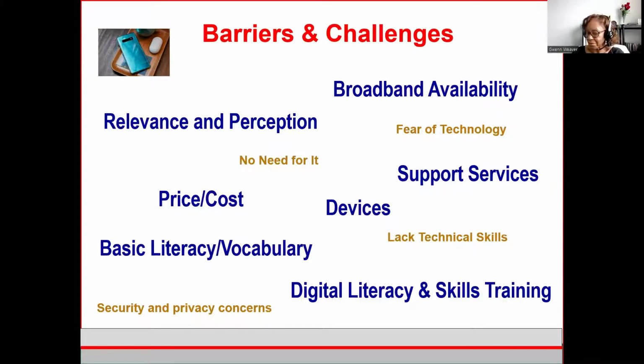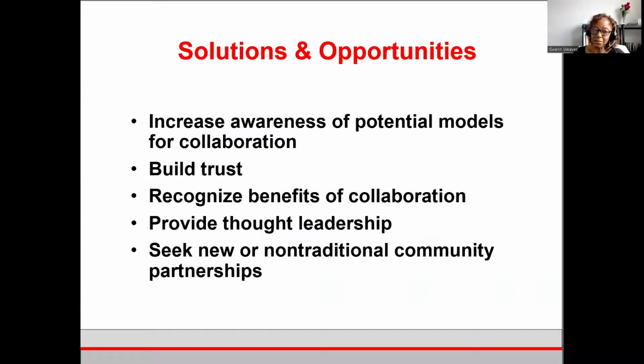There are a lot of issues that people have, like, why do I need to do that? I can't afford it. I don't know how to maintain it. I don't understand what it is. This list doesn't include all the socioeconomic challenges that we have as well, and the things that we face in our organizations in trying to help our students do this. But if you go to the next slide, please, we do have some opportunities and some solutions.